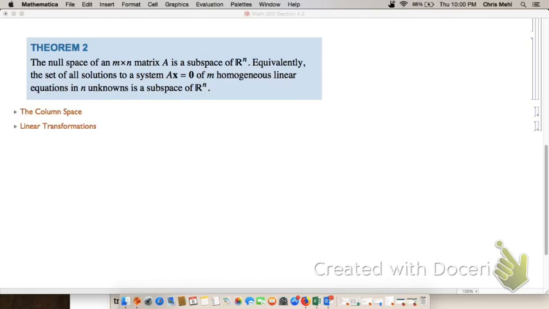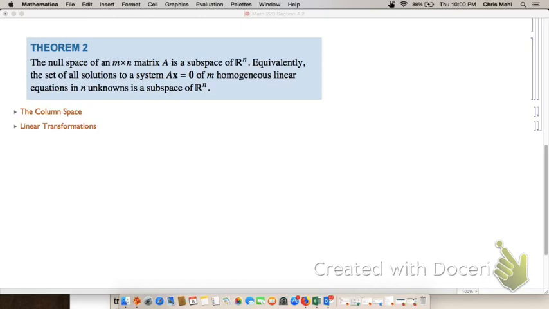Now, a theorem from a previous section, theorem 2: the null space of an m by n matrix A is a subspace of Rn. So the number of columns of A are going to determine what your null space is a subspace of.